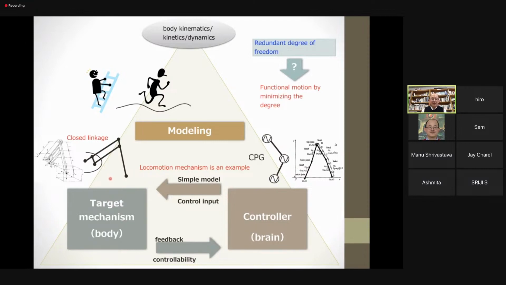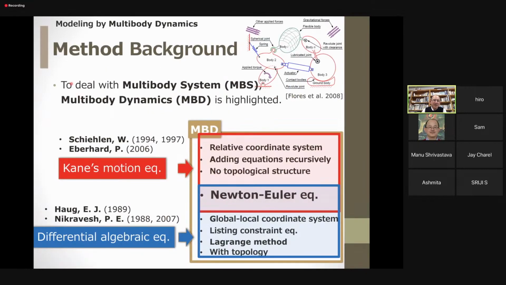This is a point of view on how we can think about body kinematics, kinetics, and dynamics. Firstly, we focus on the target mechanism besides the controller. Therefore, we started to develop a method called multibody dynamics.